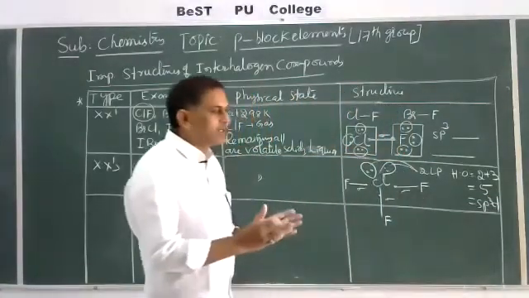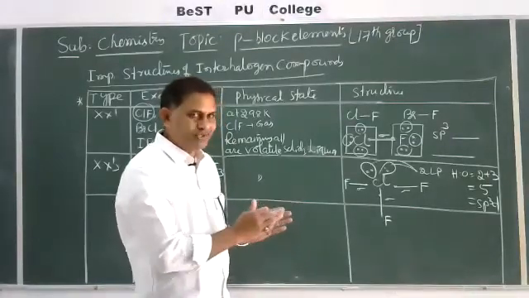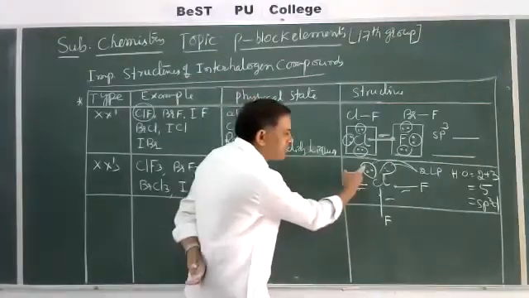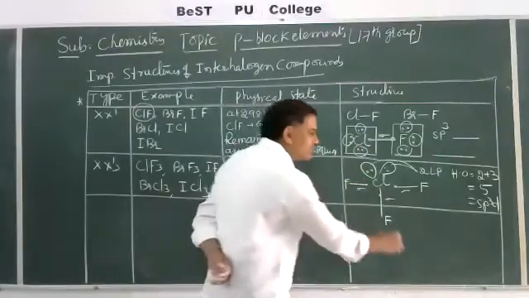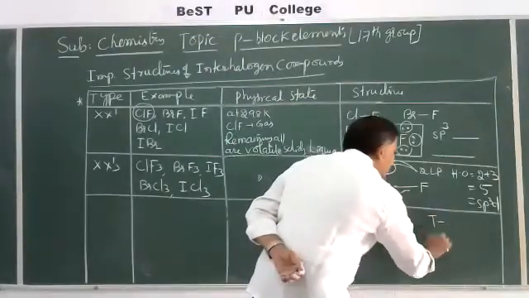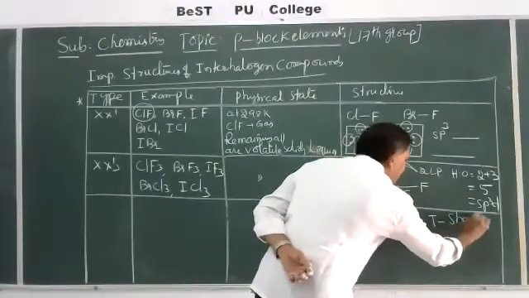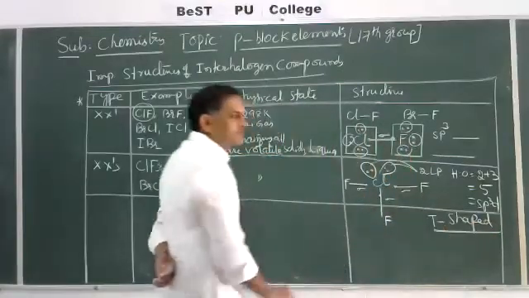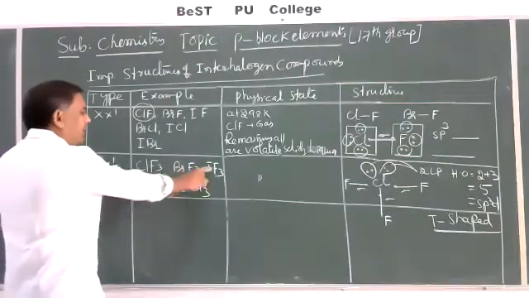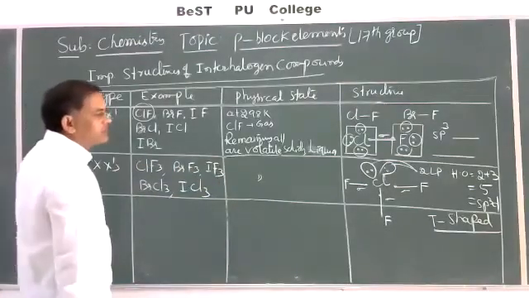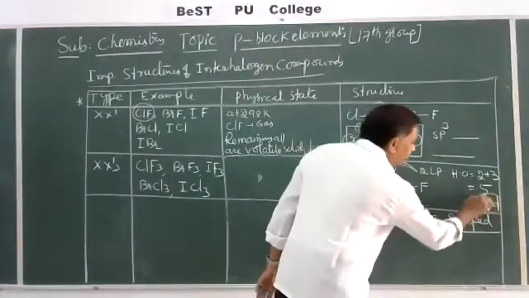If it is sp3d, originally it is a trigonal bipyramidal structure. But due to the presence of lone pair-lone pair and lone pair-bond pair repulsive forces, its geometry is T-shaped or bent-shaped. Not only ClF3, but BrF3 and IF3 all have the same T-shaped or bent-like shape, even though they contain sp3d hybridization.